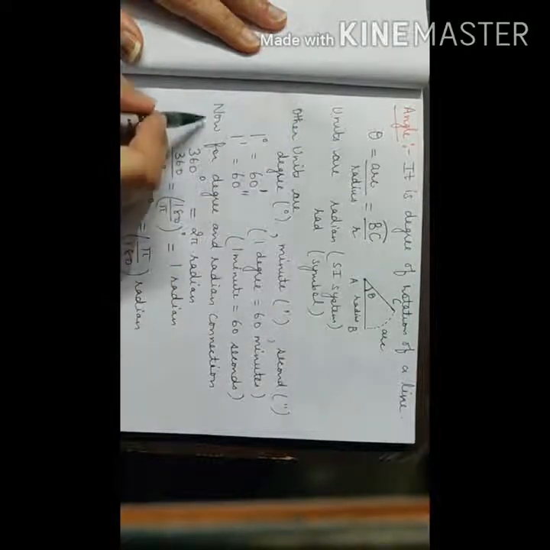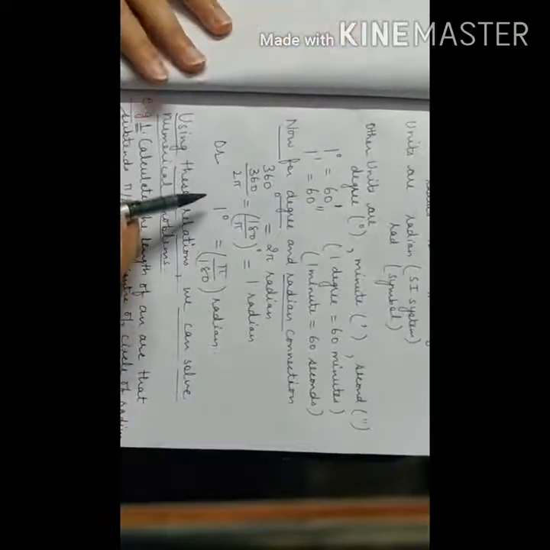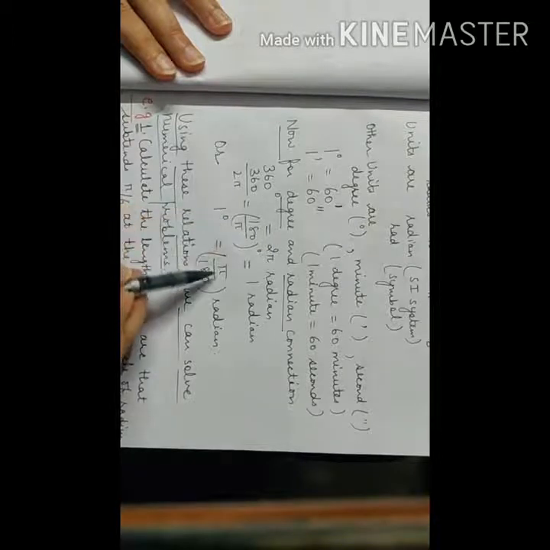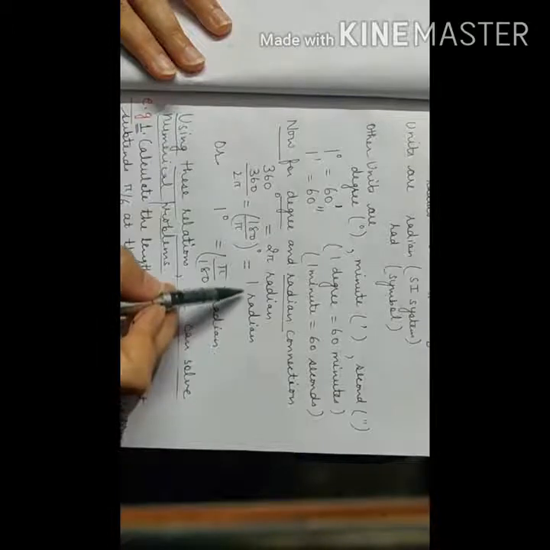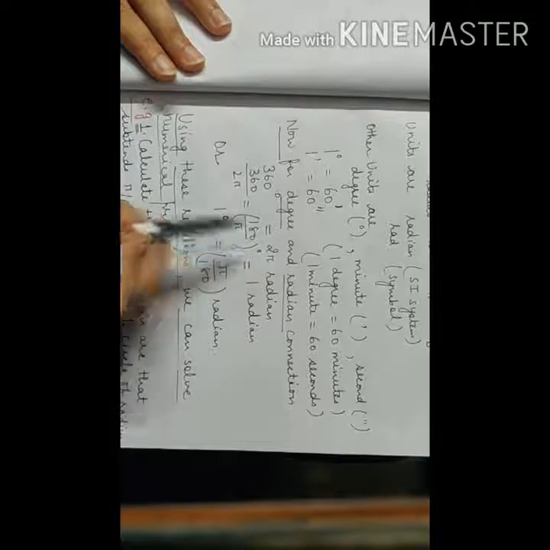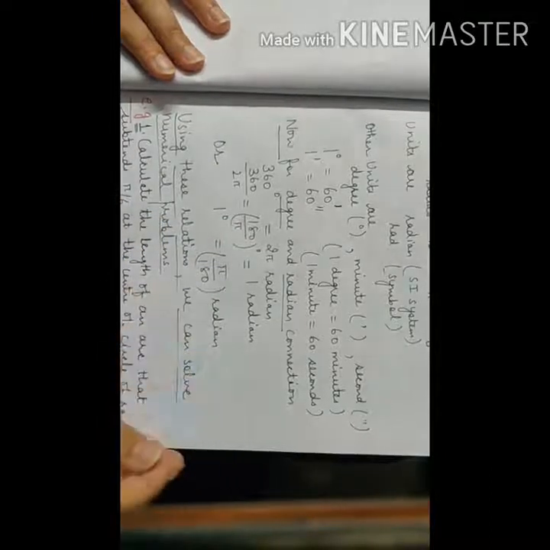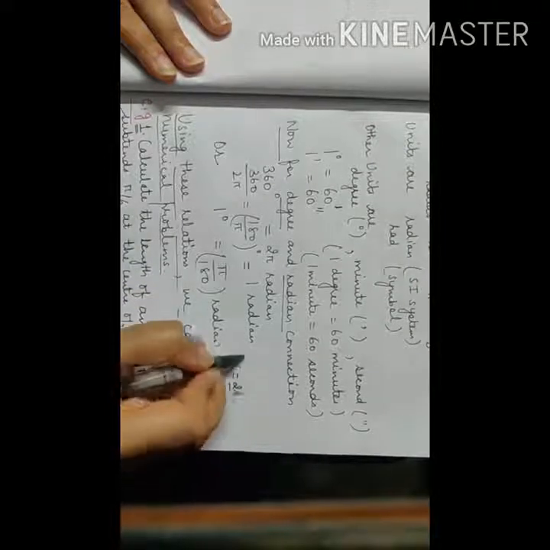Now there will be a relation between degree and radian, and this relation can be best understood by 1 degree will always be equal to pi by 180 radian, or 1 radian will be equal to 180 by pi degree. Now what is the value of pi here? That is 22 by 7, as earlier it used to be. Right? We know its value.